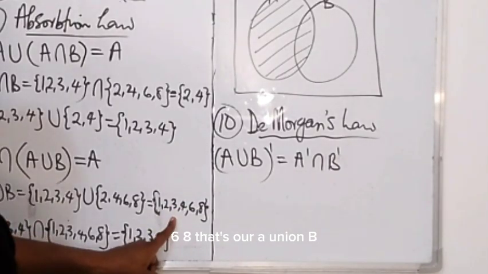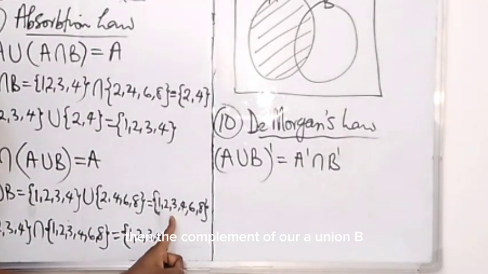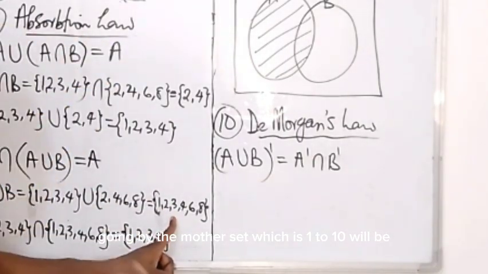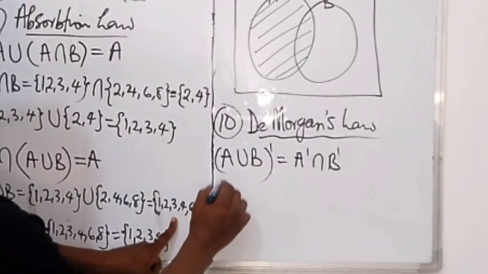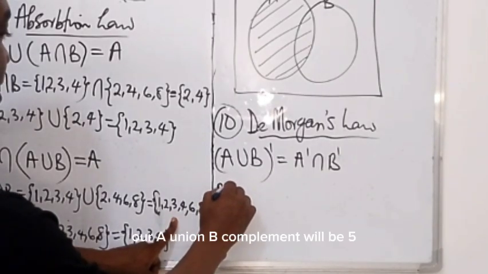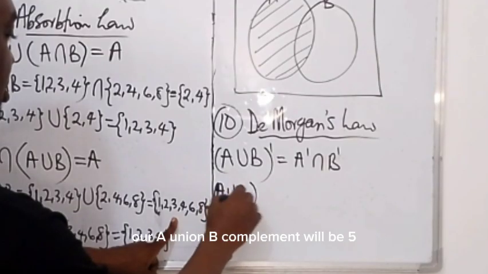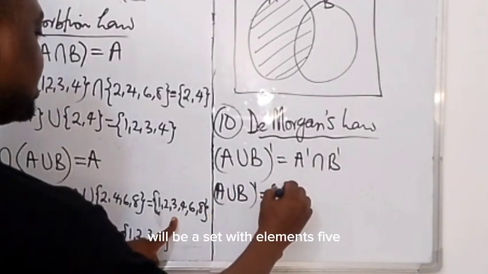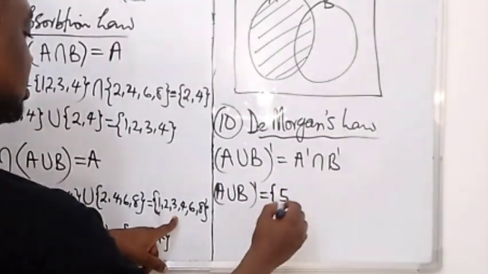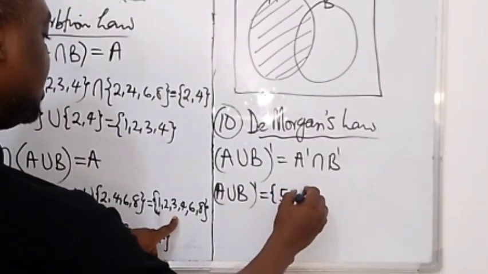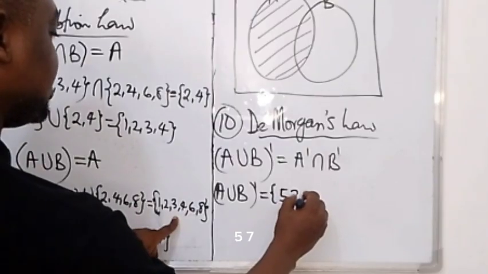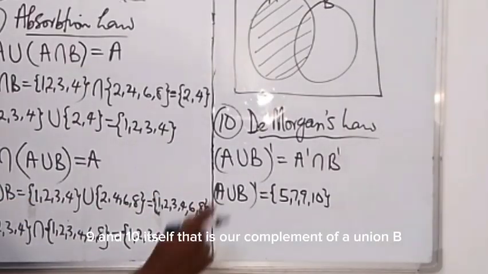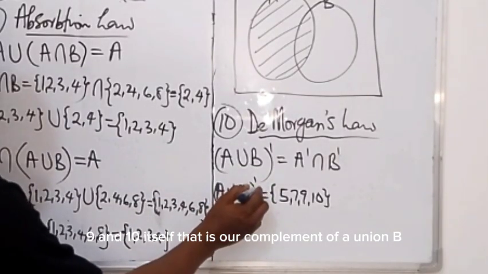Then the complement of our A union B, going by the mother set, which is 1 to 10, will be a set with elements 5, 7, 9, and 10 itself. That is our complement of A union B. That's what you will get.